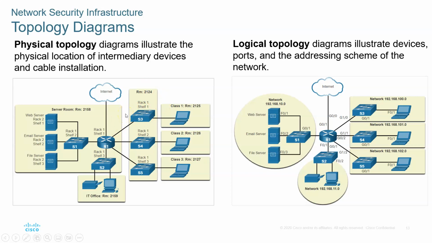On top of that, you probably want to also do the logical topology. Write down all the addressing of each subnet. The logical topology is more the software configuration of these devices.